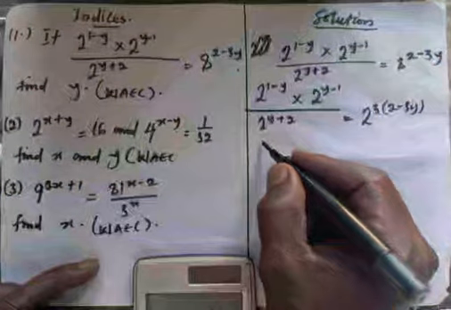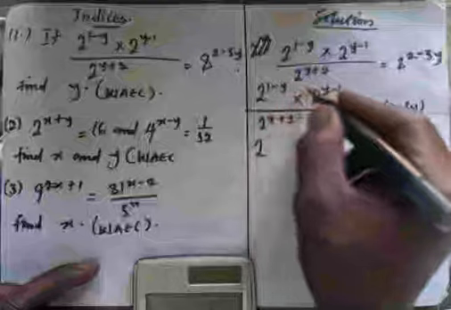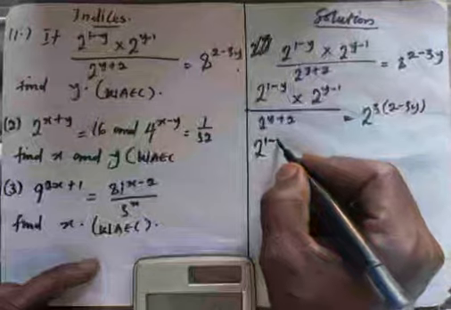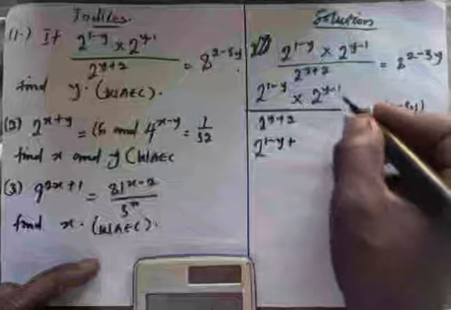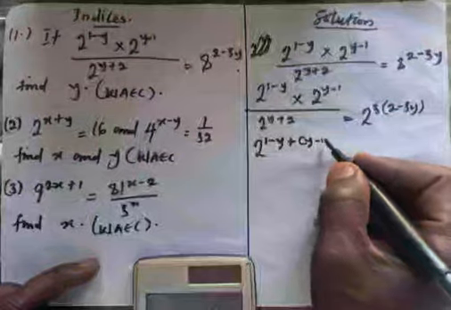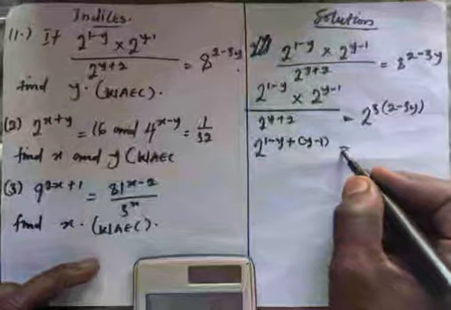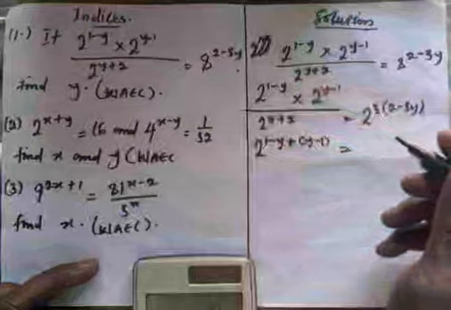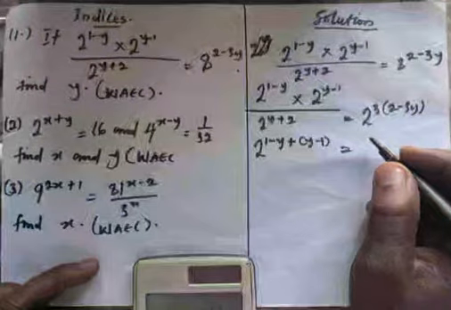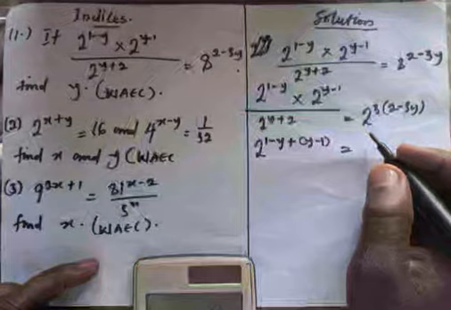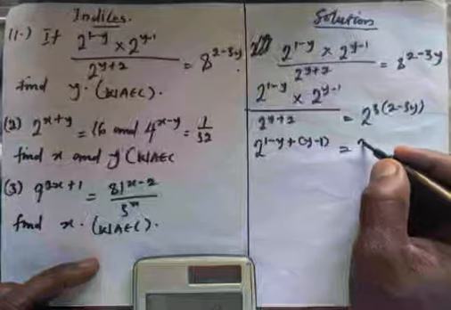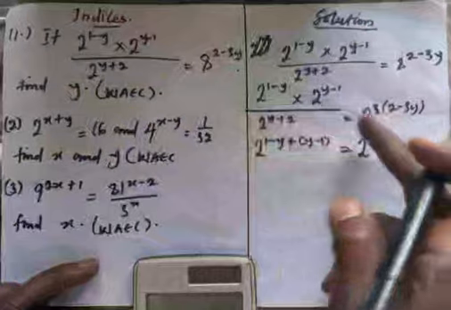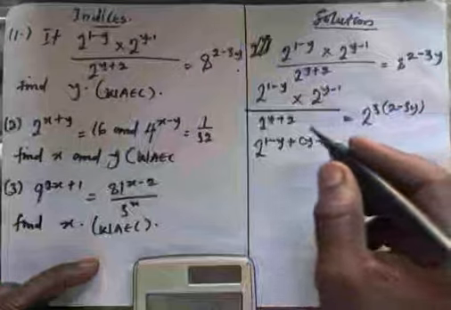So we pick one of the base of this numerator here. Then the power of the first one is 1 minus y, then plus the power of the second one, y minus 1. Then equals to, here we cross multiply. This multiply this. So if you are multiplying, don't forget, you pick one of the base and add the power. Since the base here is 2 and the base here is 2, you pick one, then you add the power.